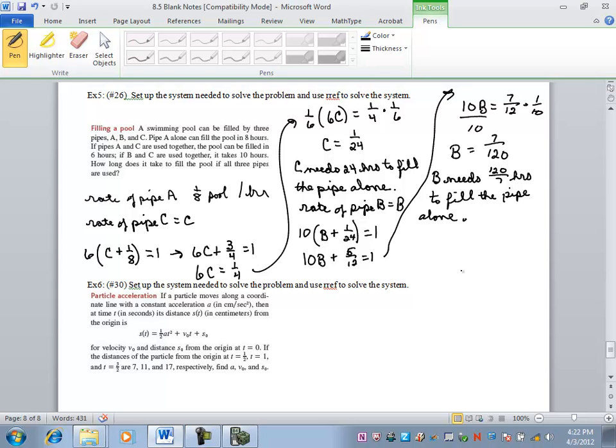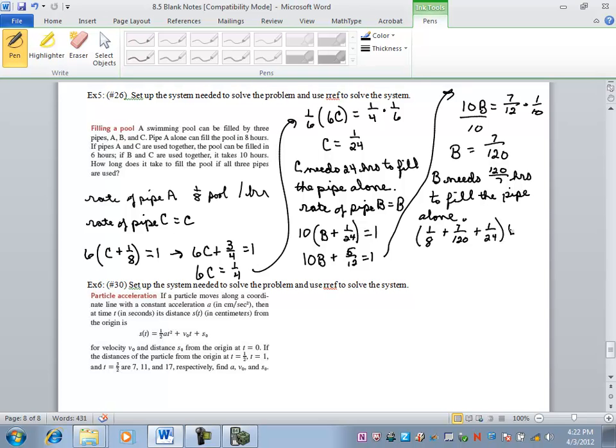And so we need to know, we've got our rates, okay? The rate of A is 1/8. In an hour, pipe A can fill 1/8 of the tank, an eighth of the way. In an hour, pipe B can fill 7/120ths. And in an hour, pipe C can fill 1/24th.